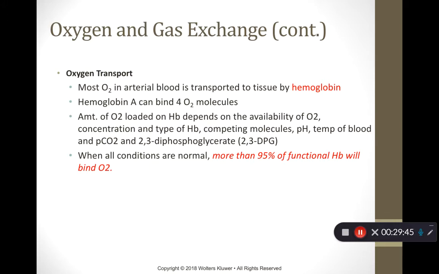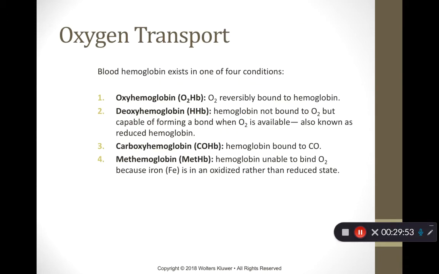When all of these conditions are normal, more than 95% of functional hemoglobin will bind to oxygen. So blood hemoglobin exists in one of four conditions, right? It exists as oxyhemoglobin, O2HB, which is oxygen that reversibly gets bound to hemoglobin.